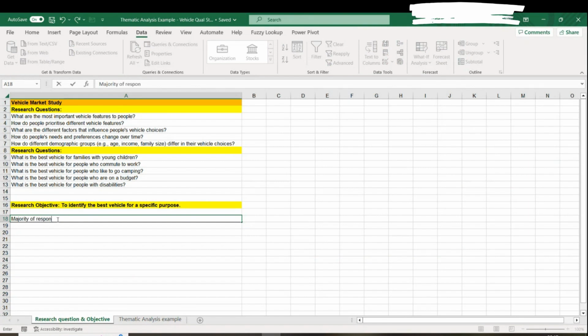the majority of respondents mentioned that the best vehicle feature is travel friendly.